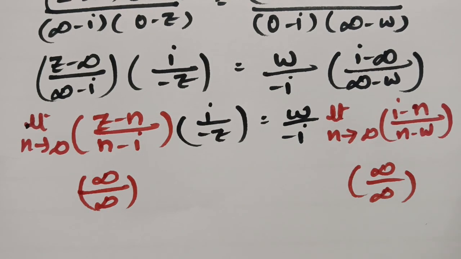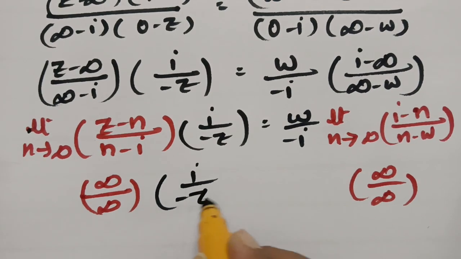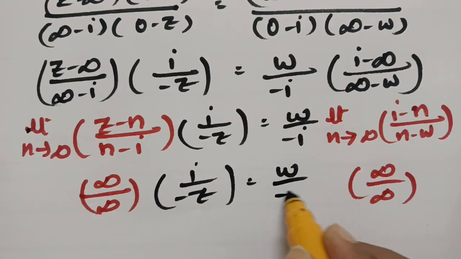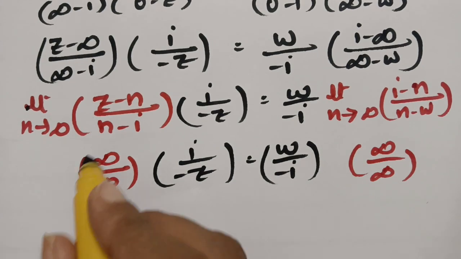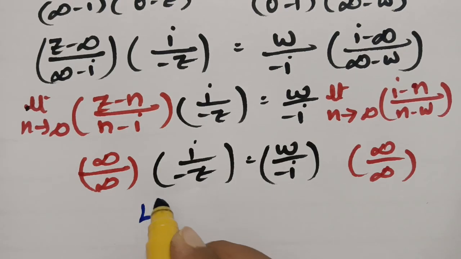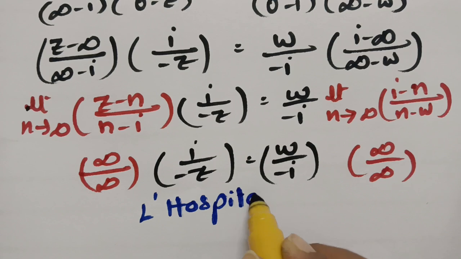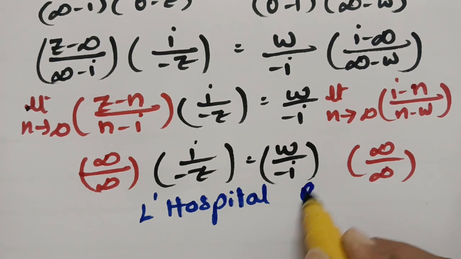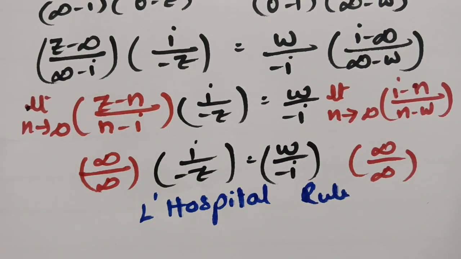So if I keep infinity here, this is I by minus z, and here this is w by minus I. Clear? And now I'm going to apply L'Hospital's rule, as it is infinity by infinity. So here I have to take the derivative with respect to n.